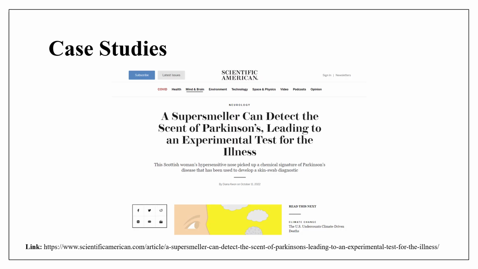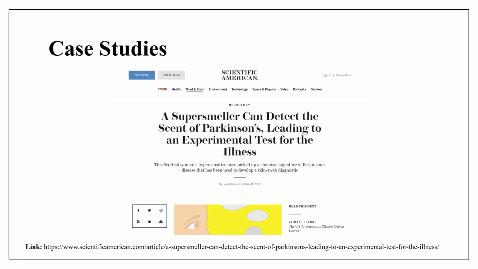And they do experiments where they'll give her t-shirts to smell, for instance. And she has to say, this person has Parkinson's, this person does not have Parkinson's, this person is going to develop Parkinson's. And they see that she's actually very accurate in saying, again, who has Parkinson's, who doesn't, and predicting who's going to develop Parkinson's eventually.